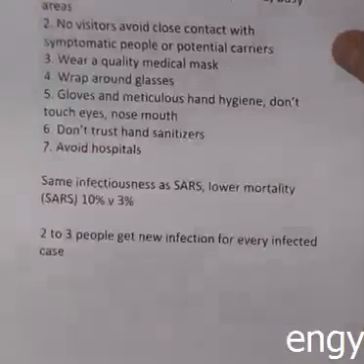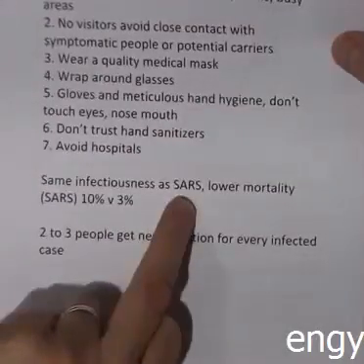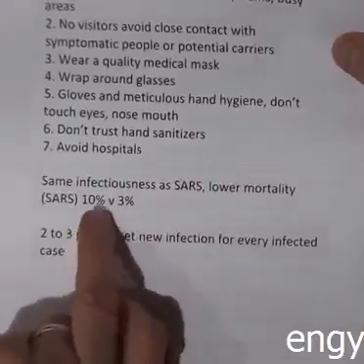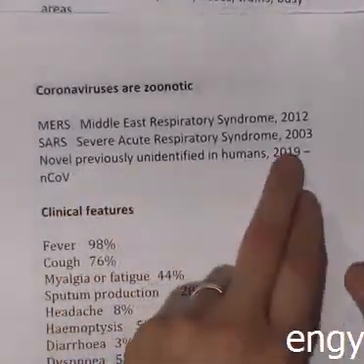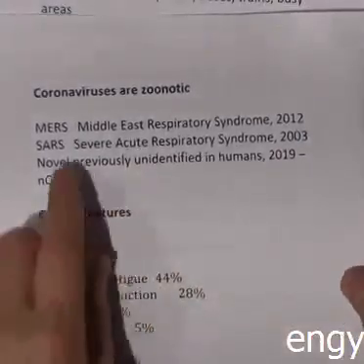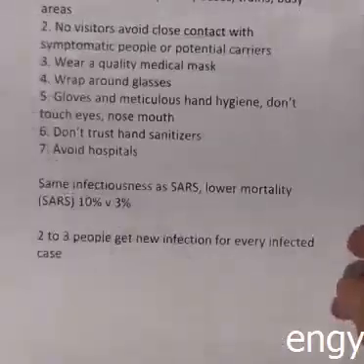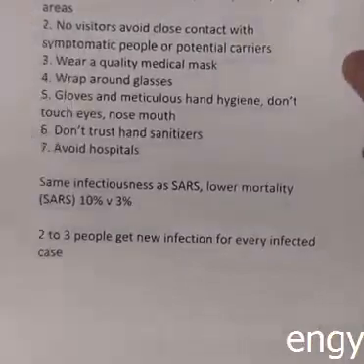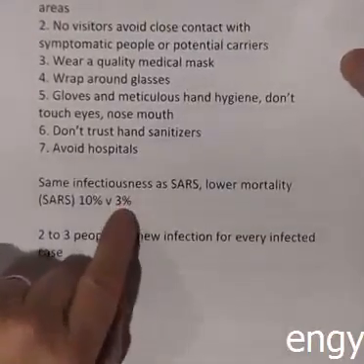Now, it's looking at the moment like this has got about the same infectiousness as the SARS, but so far a lower mortality. So with SARS, the severe acute respiratory infection, 2013, 10% of people that got that died. Very virulent virus. So far with the novel coronavirus, 2019, it's looking like the death rate is about 3%.